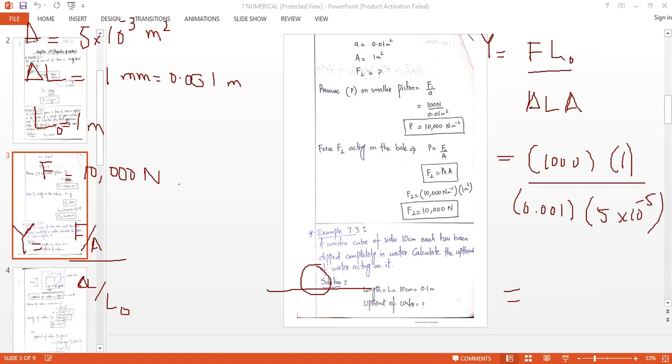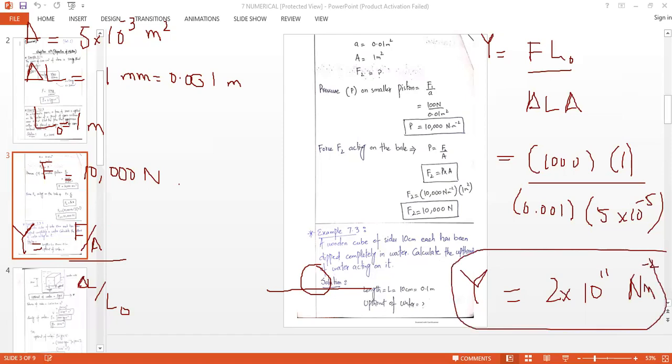So by putting this, we find Y equals 2 into 10 raised to power 11 Newton per meter square. This is the method to find the Young's modulus. This value is stress, and this is the value of strain. So Young's modulus is the ratio of stress to strain, as stress equals force by area, and strain equals change in length divided by original length. So we find the Young's modulus.